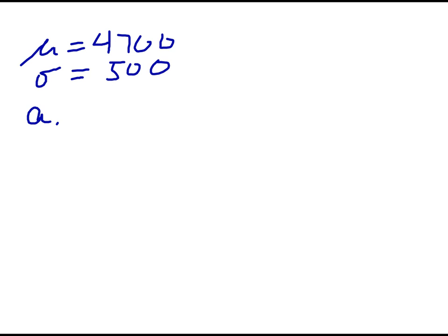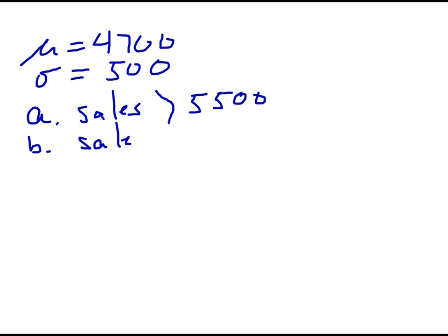So A, what's the probability that sales will be greater than 5,500? B, what's the probability that sales will be greater than 4,500?